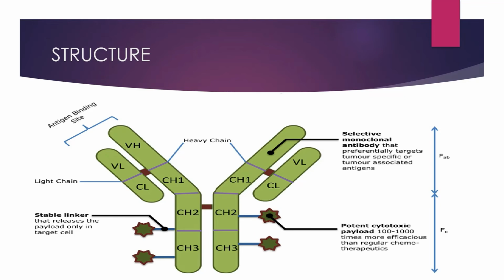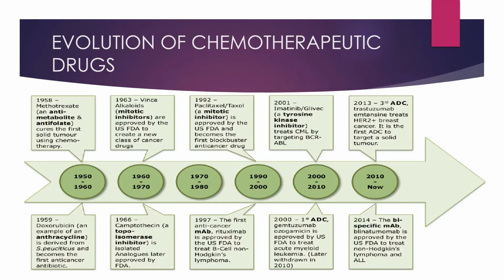And in the next slide, this is the evolution of the chemotherapeutic drugs. In 1958, methotrexate, an anti-metabolite or antifolate, cured the first solid tumor using chemotherapy. And also doxorubicin, and in the 1960s to 1970s, vinca alkaloids and camptothecin.